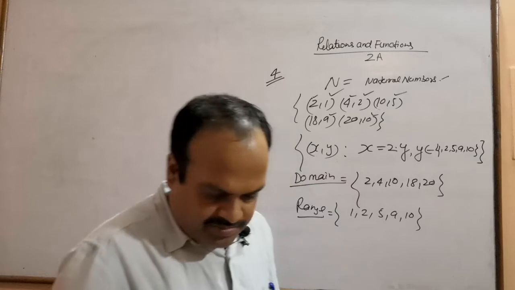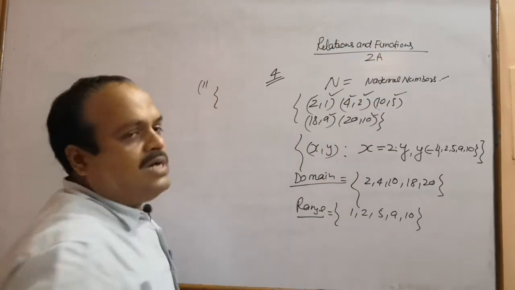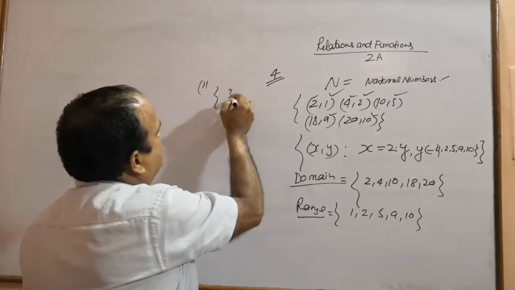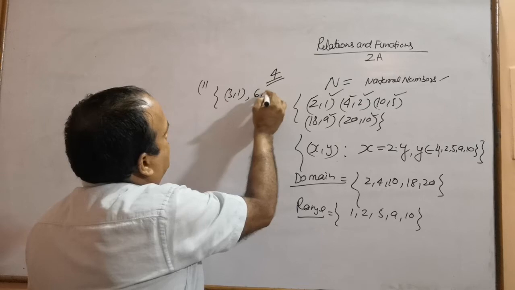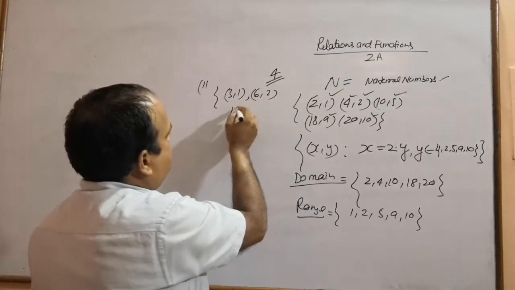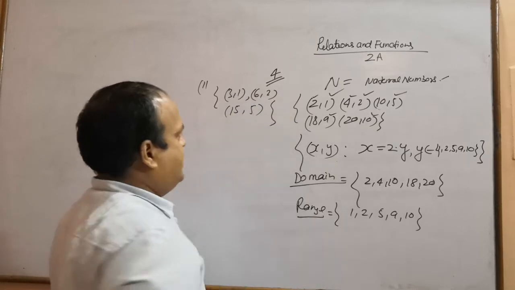Second one, the relation is 3, 1, 6, 2, 15, 5. Very simple.